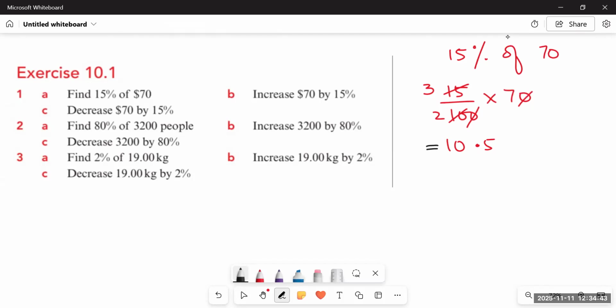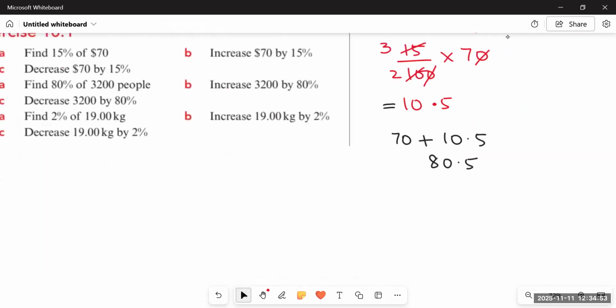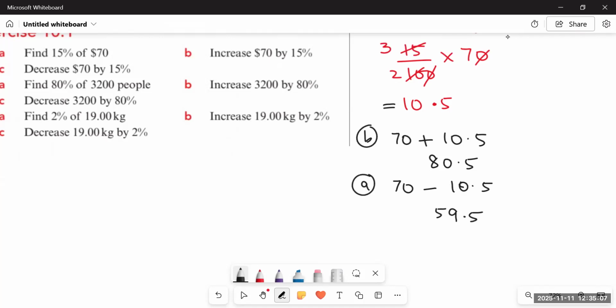After increasing 70 by 15%, it would be 70 plus 10.5, and that's 80.5. And if we have to decrease it, we can do 70 minus 10.5, and that would be 59.5. That's how we will do it.